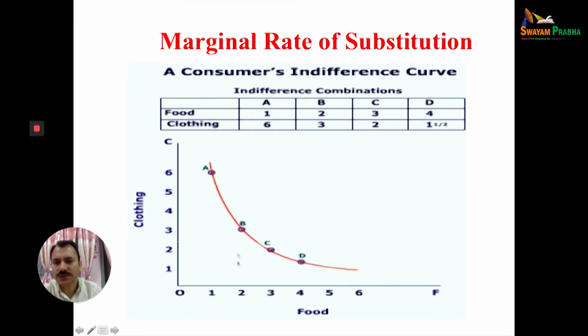Even when he purchases 2 of food and 3 of cloth, again the utility will be 20. So the consumer's indifference curve shows the marginal rate of substitution.